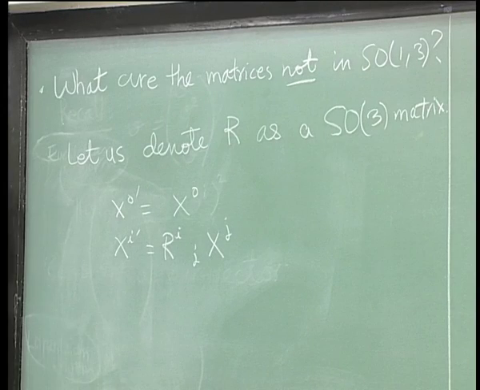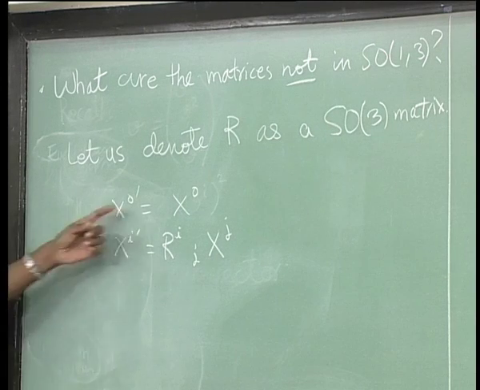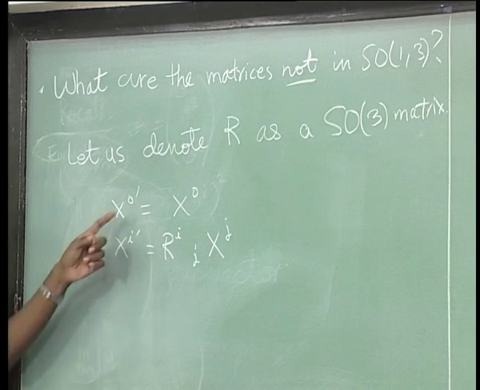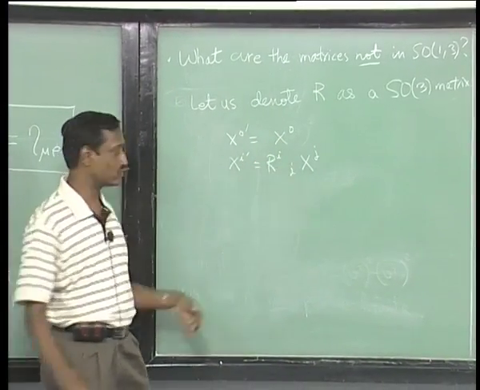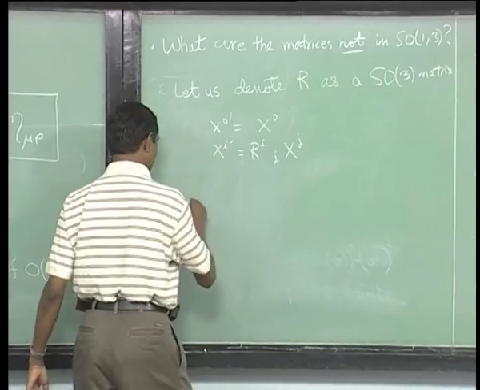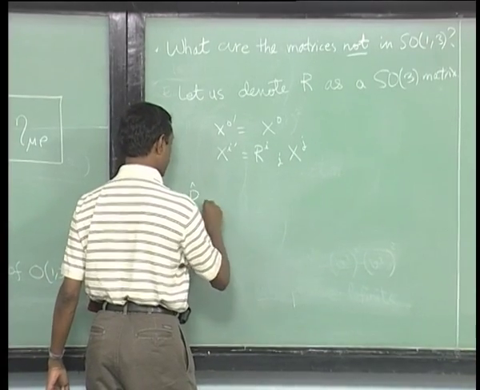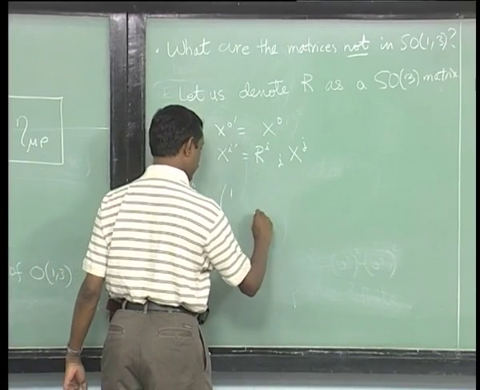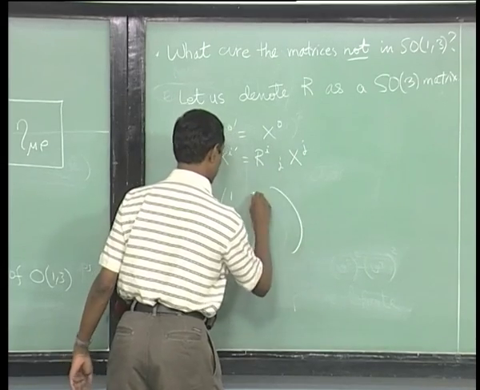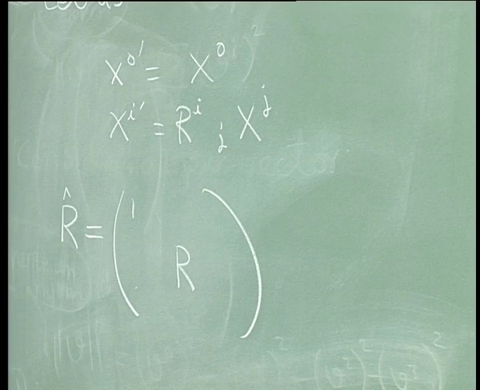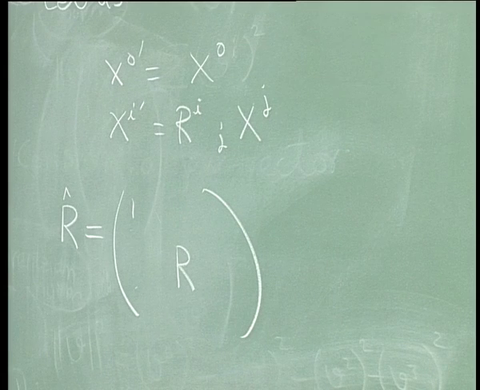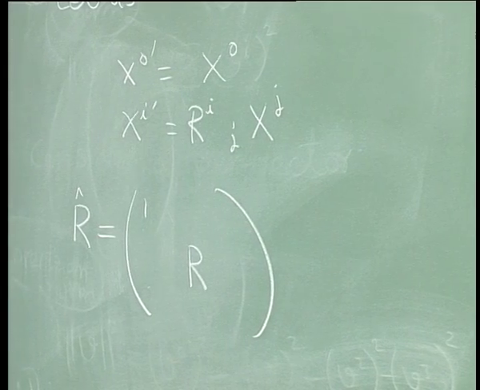Just remember our convention that the Roman indices run 1 2 3, they stop there. Okay. So now you can see that this is a 3 by 3 matrix, but we need to combine these things into a 4 vector, and it is very easy to see how this happens. So we can write, let us put a hat to indicate this, it is 1, r and there are zeros. Okay. In principle there should be 3 zeros here, 3 zeros here, I do not indicate the 0 elements. This is a 4 by 4 matrix.